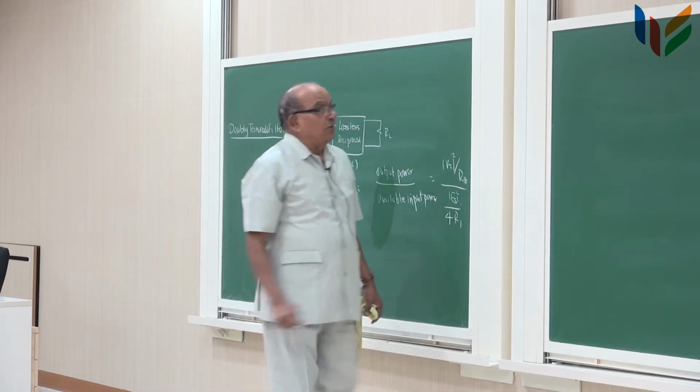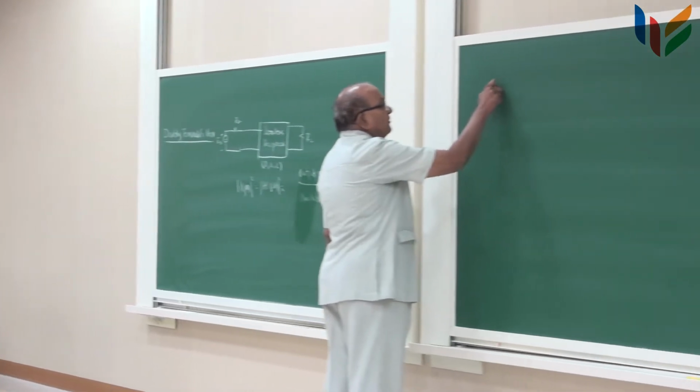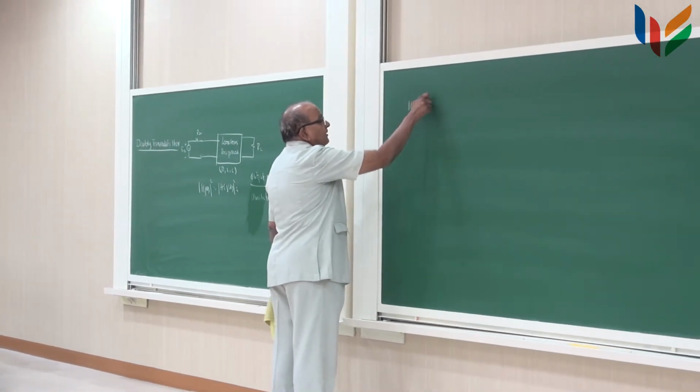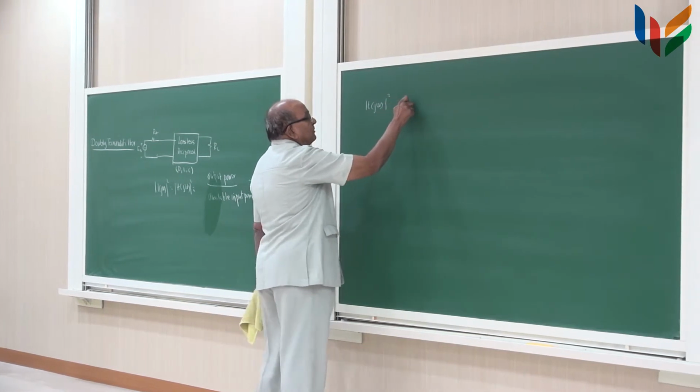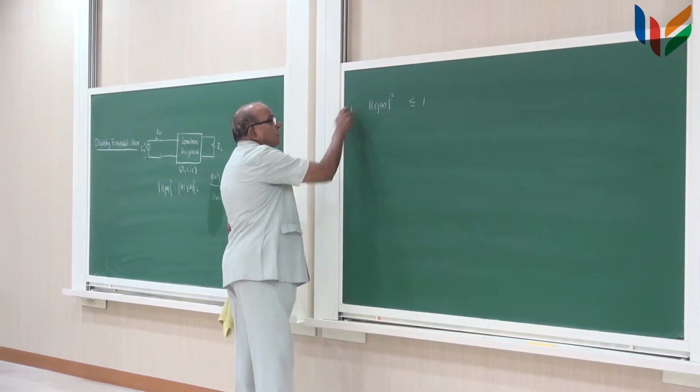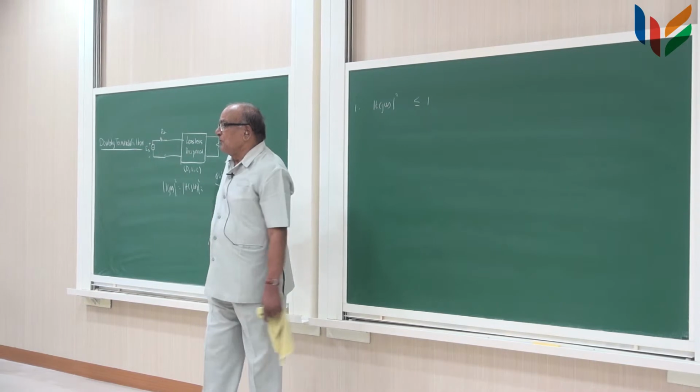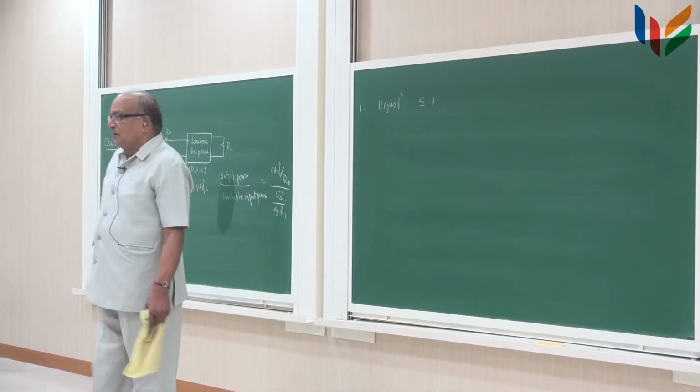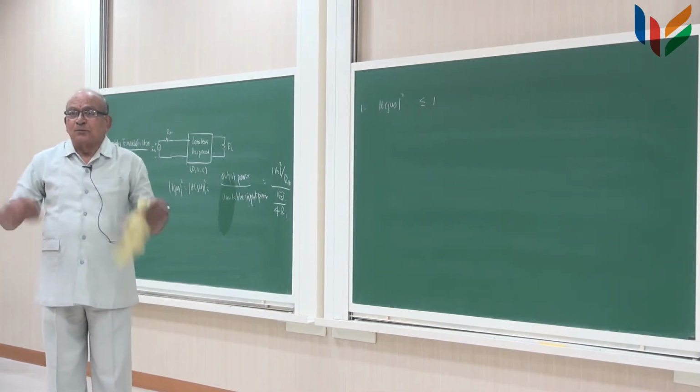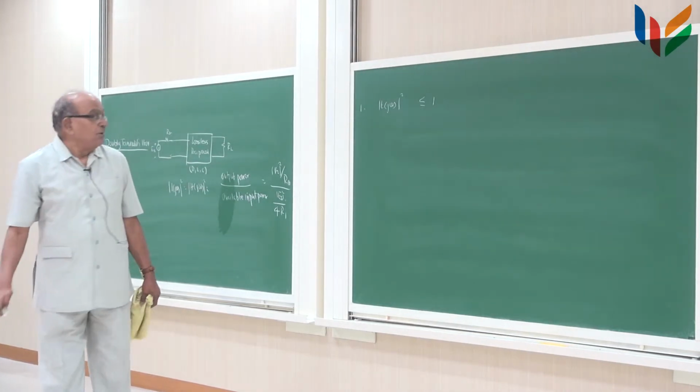The method we adopted was, given |T(jω)|², first step is to make sure that it is less than 1, because this ratio has to be less than 1. You can't get output power more than what maximum power you can get from the source.